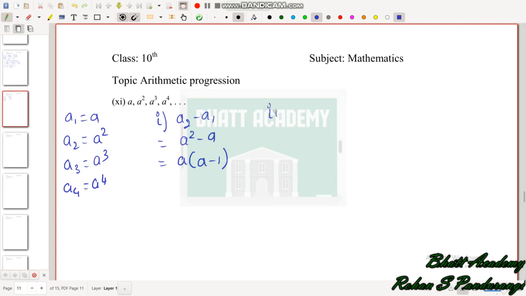Second condition check ಮಾಡಿ, that is a3 minus a2 ಅಂದ್ರೆ a cube minus a square ಬರುತ್ತೆ. ಇವೆರಡರಲ್ಲಿ a square is common, so a square ನಾನು ತೆಗೆದ್ರೆ a minus 1 ಬರುತ್ತೆ. ಫ್ರೆಂಡ್ಸ್ ಇಲ್ಲಿ ನೋಡಿ, ಇಲ್ಲಿ a into a minus 1 ಇದೆ, ಇಲ್ಲಿ a square into a minus 1 ಇದೆ. ಸೊ ದೇ ಆರ್ ನಾಟ್ ಈಕ್ವಲ್.